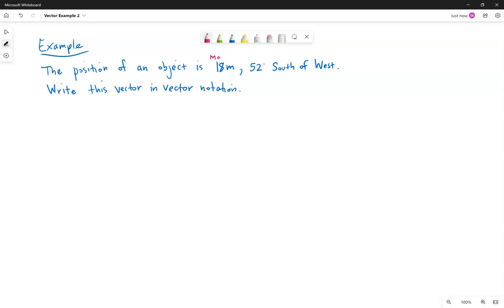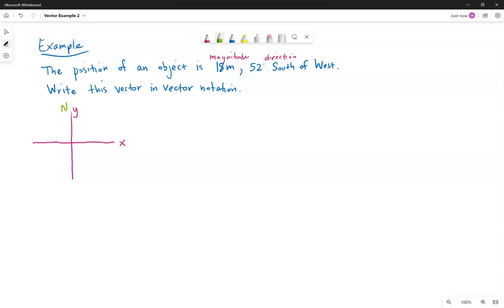So again, the 18 meters is what we call the magnitude. The angle is what we call the direction. Now, south of west, whenever we deal with a problem that has north, south, east, west, we superimpose that north, south, east, west on our typical Cartesian coordinate system.